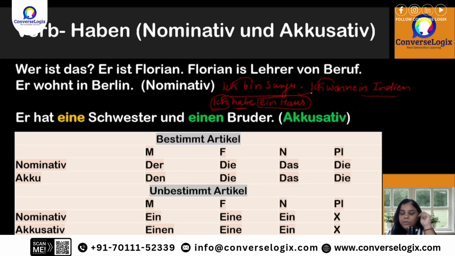This also tells me what is my subject. Second thing is that if you ask two questions, who has the house? Who has a house? That is always answered by, sorry, not the subject, let's use the German term, which is nominative. And what is always answered with accusative.